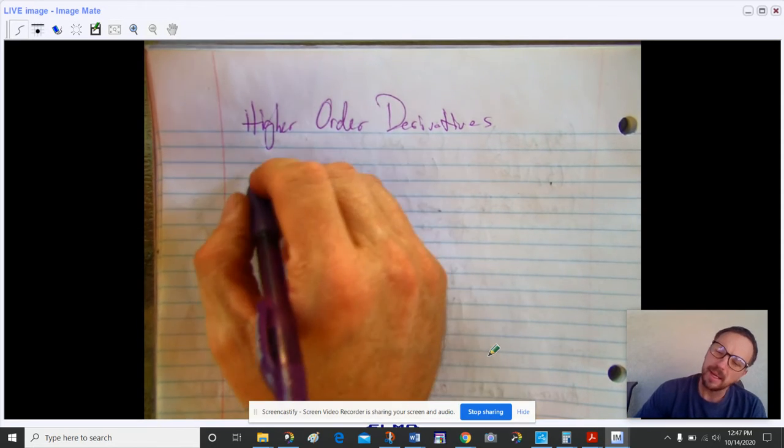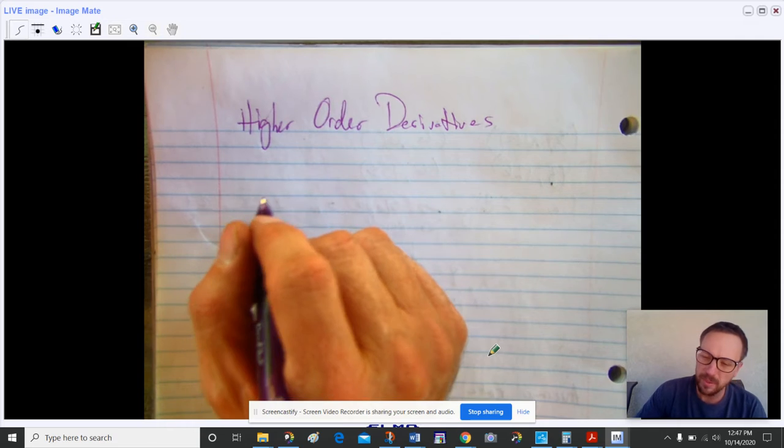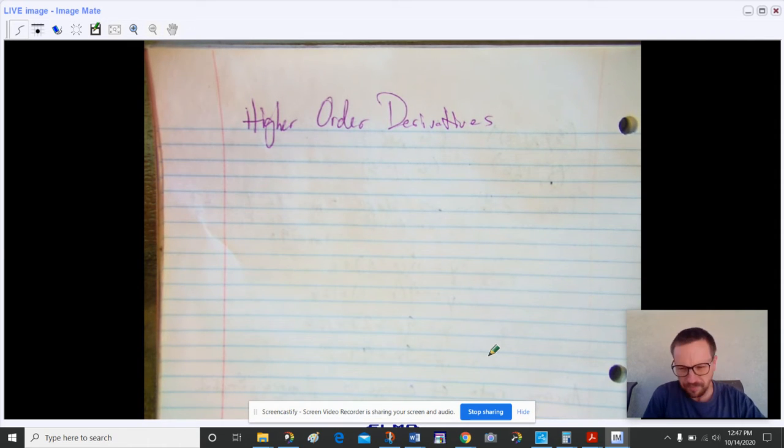A lot of times we just get to the second derivative, because contextually, with position, velocity, and acceleration, that's as far as we can understand it really well. Beyond that it gets very difficult, but I could give a little explanation for what the third derivative would be.